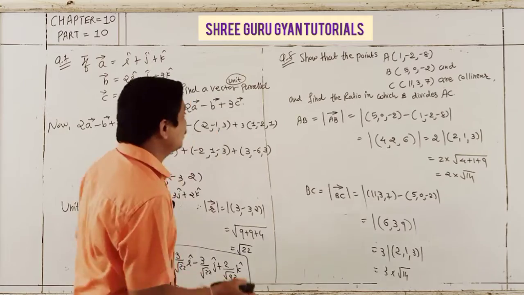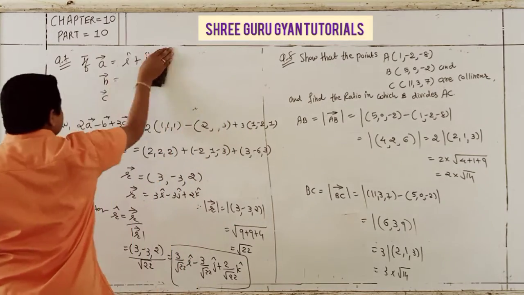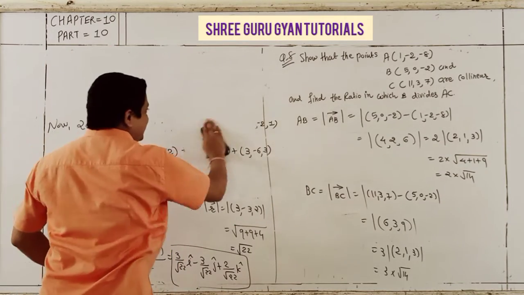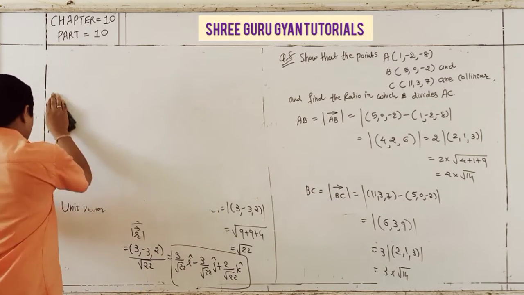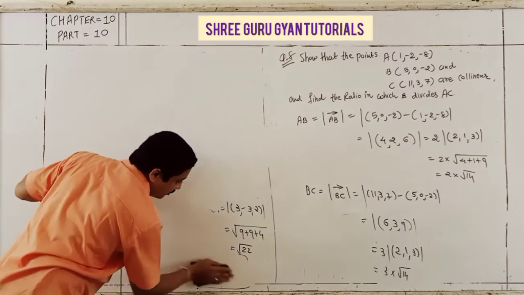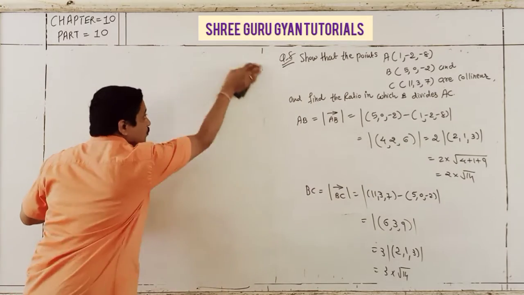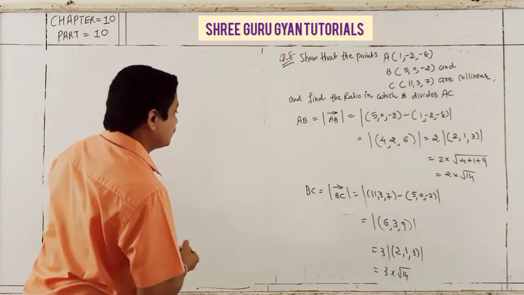Now I will take the third, AC, students. So AC distance, direction of AC, derive. And easily you will cover your answer. So your third part.